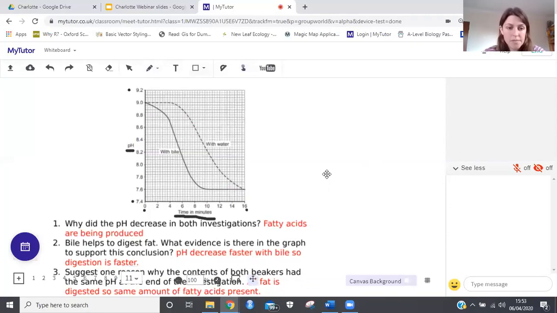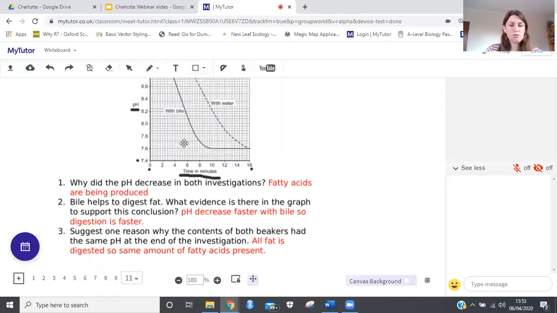Okay. Then we've got three questions. The first is, why did the pH decrease in both investigations? This is sort of quite an intuitive thing to have to work out. pH decrease means that the conditions are becoming more acidic.